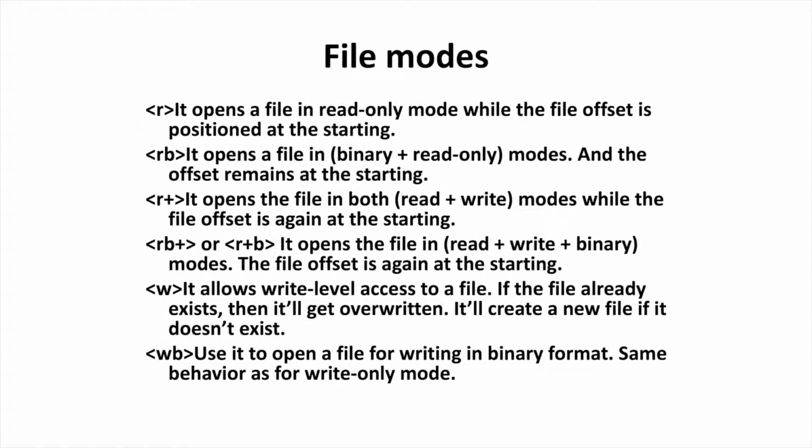Here you can see various modes in which files can be opened. First, r opens a file in read only mode while the file offset is positioned at the starting.